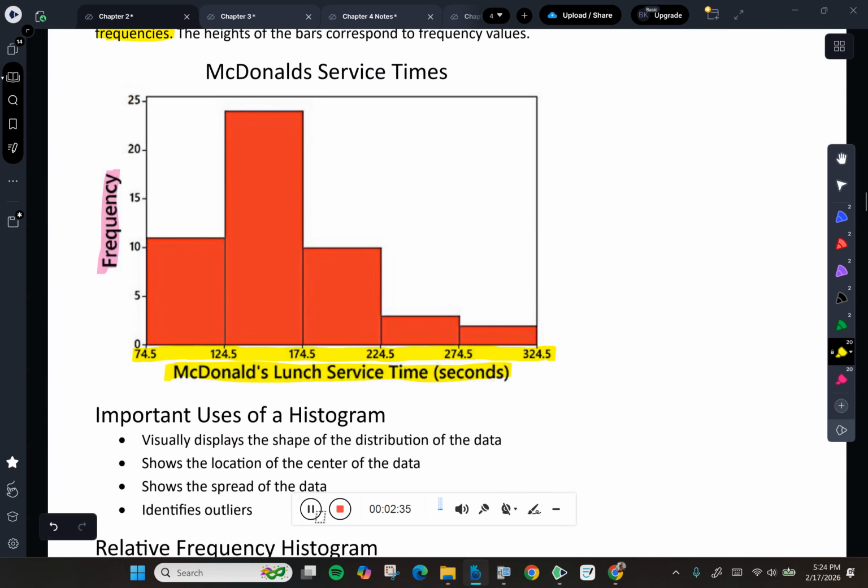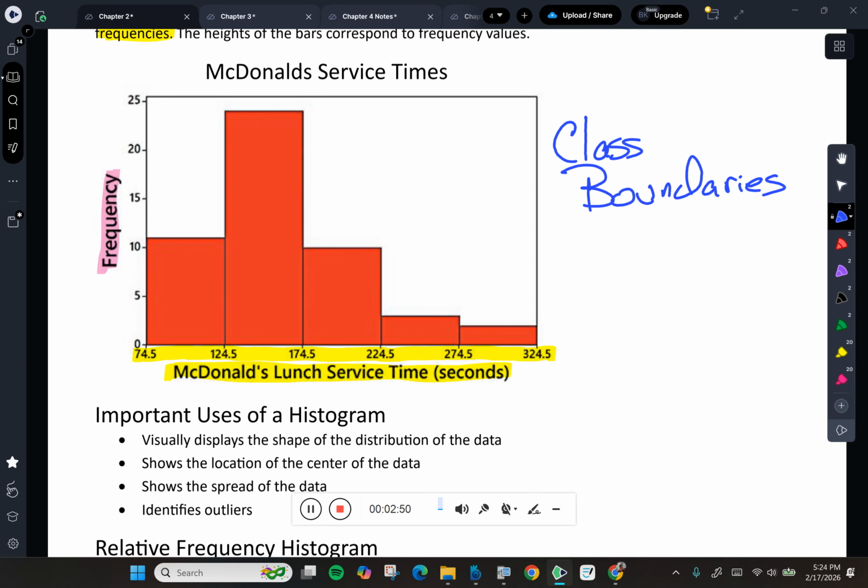And these values, this 74.5, this 124.5, this 174.5, what those represent are something called the class boundaries. So if a class went from 1 to 5, we would say that the 1 is the lower class limit, the 5 is the upper class limit, but 0.5 and 5.5 would be the class boundaries.